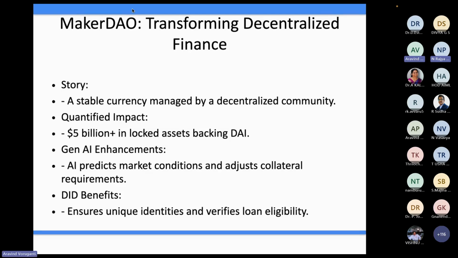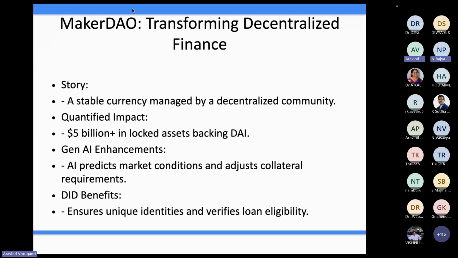Because at the end of the day, the reserve is backing the value and supply of DAI, and if any fluctuations happen, the collateral has to be adjusted. That is an amazing Gen AI capability which can be brought to MakerDAO.